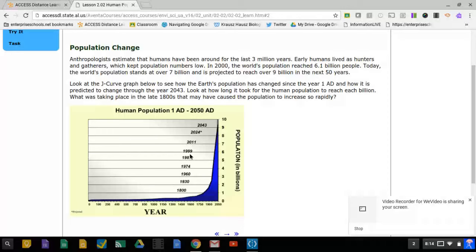So we had more and more technology happening that made it to where humans were able to live longer. So we have numerous factors that are contributing to the population getting higher and higher and higher. And as we get to that point, we're going to eventually break. We're going to eventually come to a point of no return.